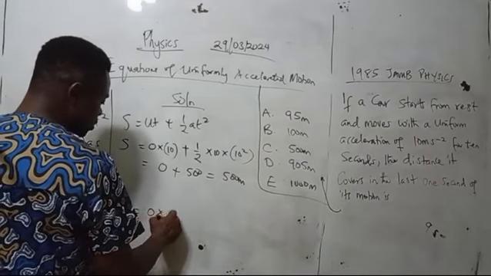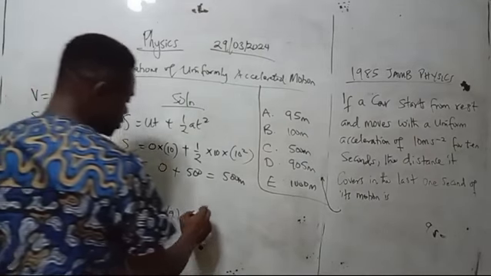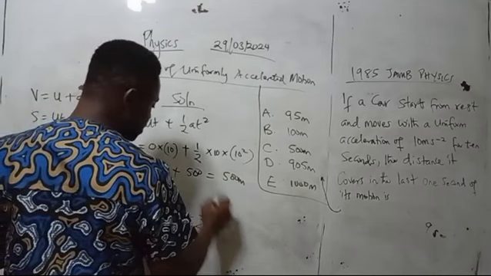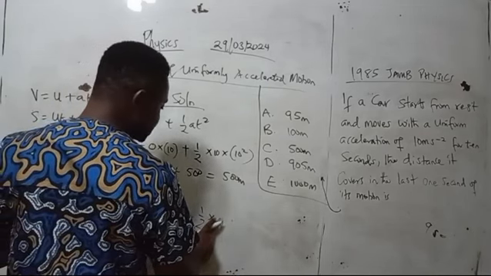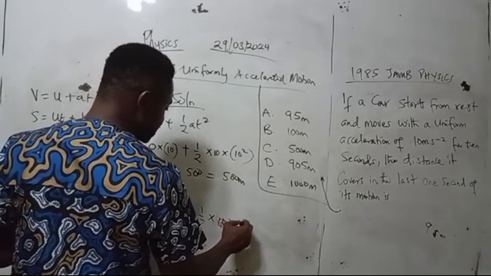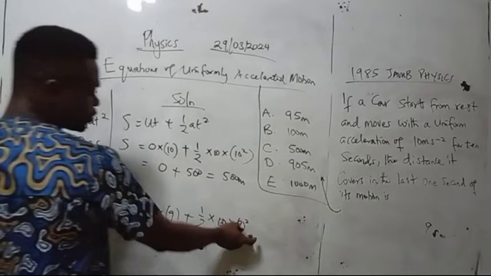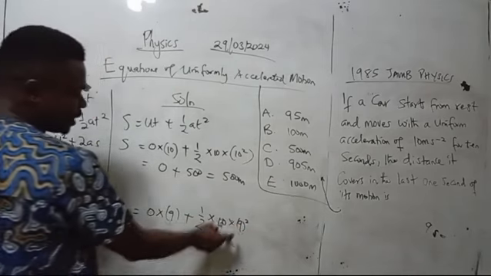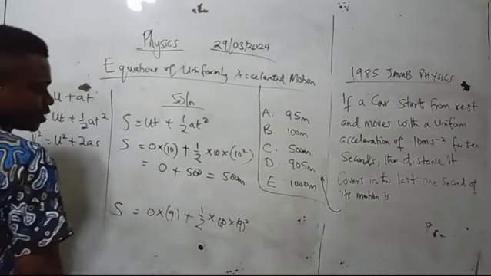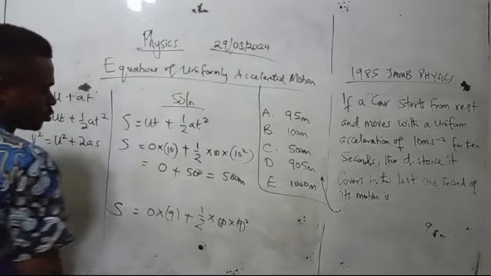0 times 9 plus half times acceleration 10 times 9 squared. 9 squared is 81, 81 times 10 is 810, 810 divided by 2.